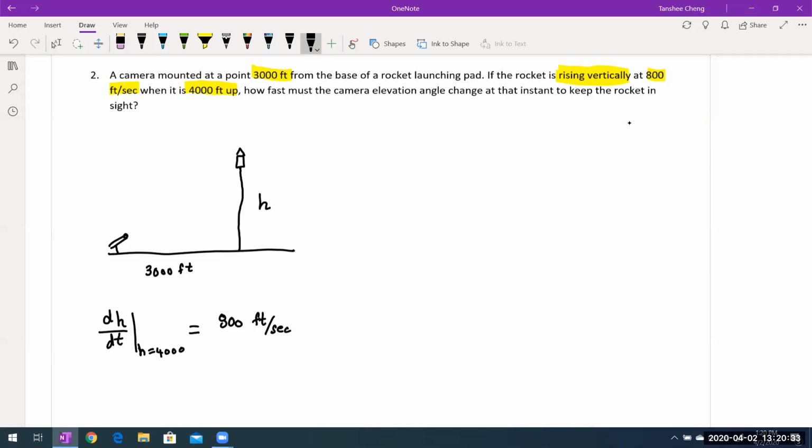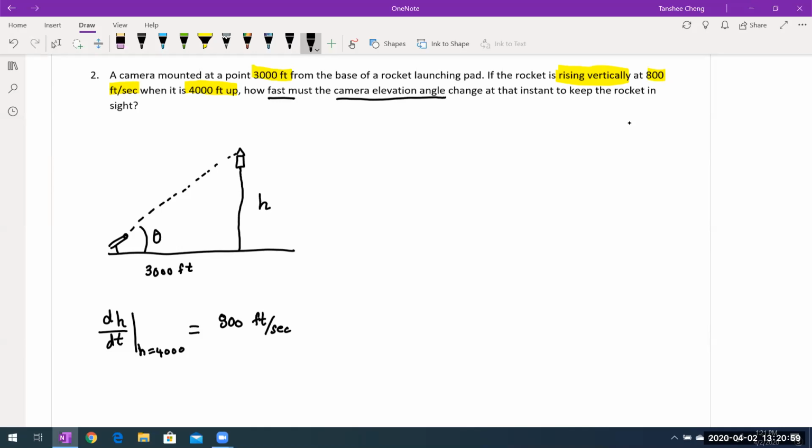Now, the question is asking how fast the camera's angle of elevation must be changing to keep the rocket in sight at that moment. So the question is asking about the angle of elevation. I can look at this as a triangle, and the angle of elevation is this angle we are talking about.